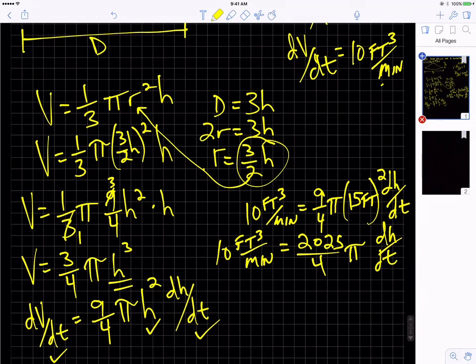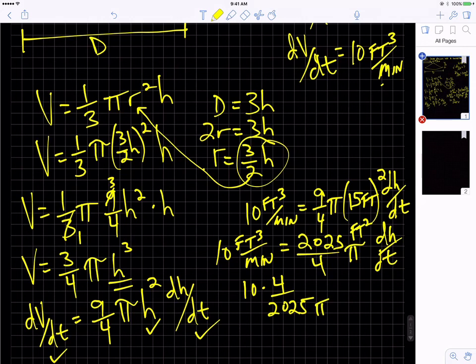All right, good. It's feet squared, by the way, because I squared the feet. When I divide both sides, I've got 10 times really the reciprocal fraction. I'll leave it as a fraction, and that pi is in the denominator.